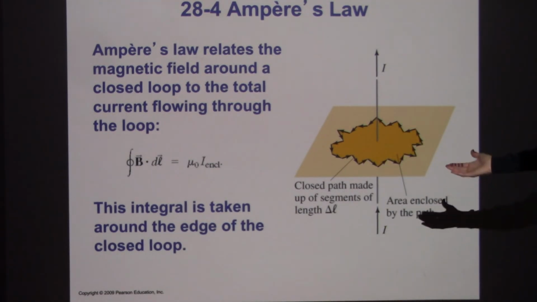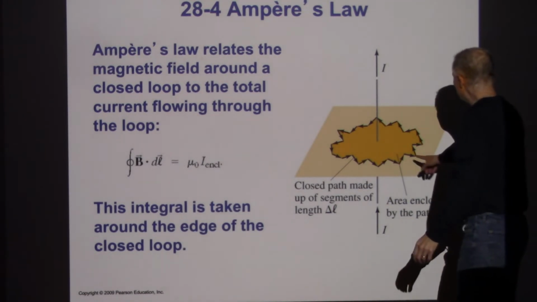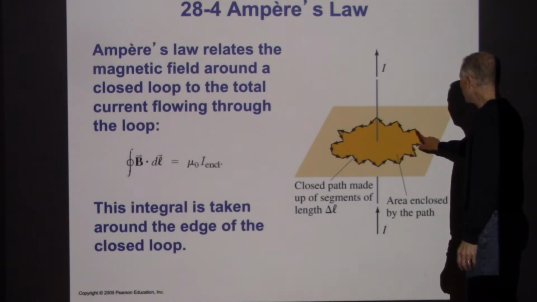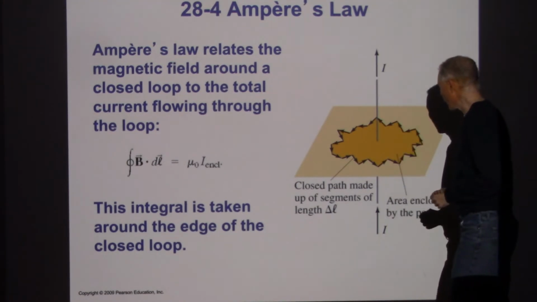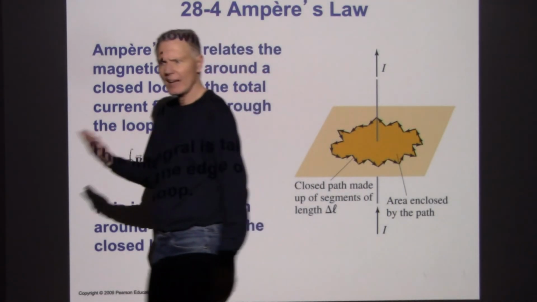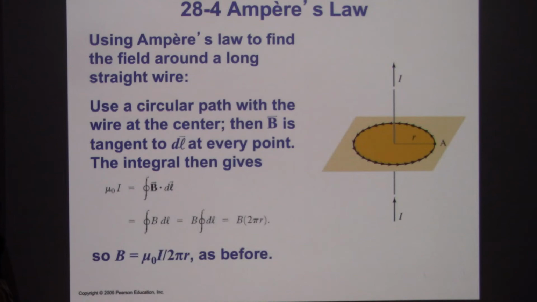You can come up with a crazy, crazy path, and Ampere's law still holds, but it's not practical to use because nobody's going to want to go in and try to carry out this integration. So just like Gauss's law, we're going to end up using Ampere's law only in situations where we have enough symmetry that we can guarantee the magnetic field, the B field, is uniform along some length.